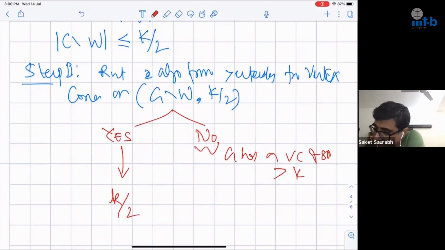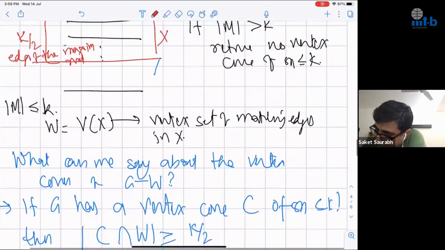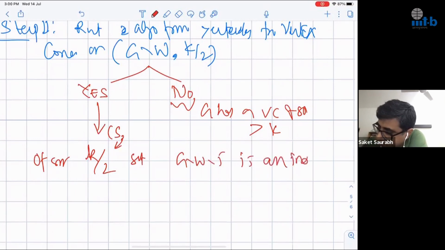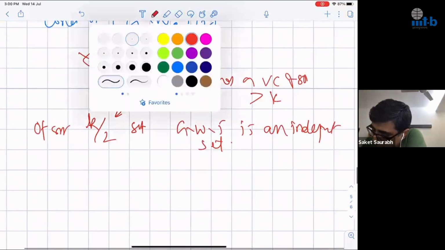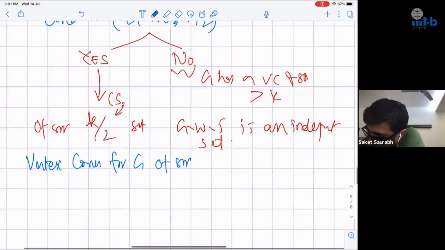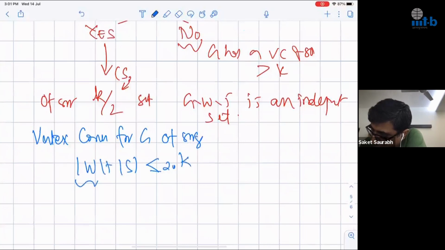Let's suppose it returned the set S of size k by 2 such that G minus W minus S is an independent set. Which implies that we have got a vertex cover for G of size W plus S, where W is bounded by 2 times k by 2 and the size of S is bounded by k by 2, which is 1.5k.